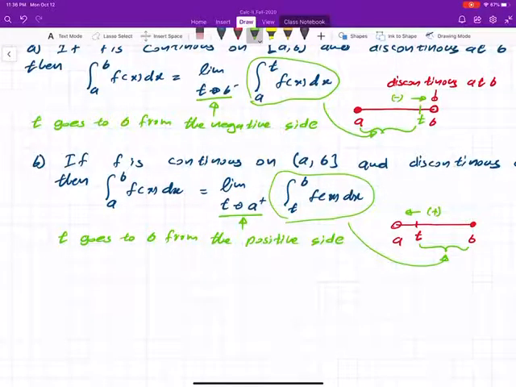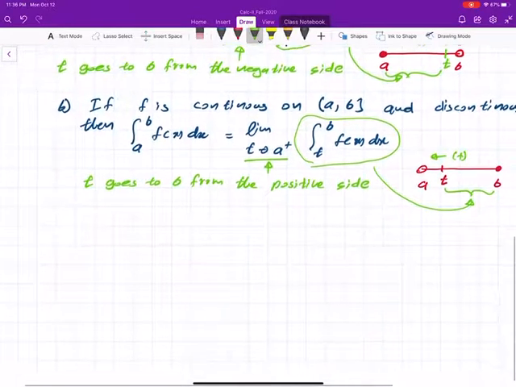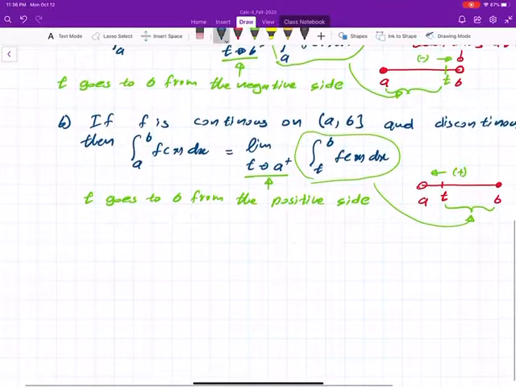All right, so that is the second case, case B, and then move to case C.